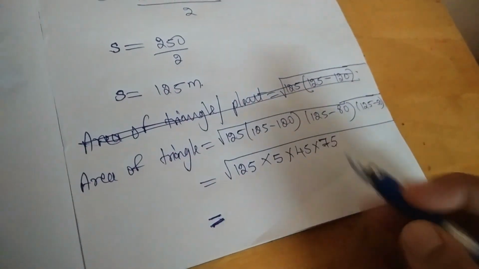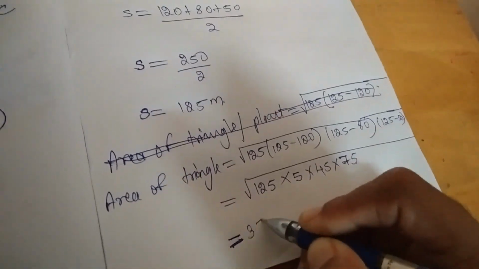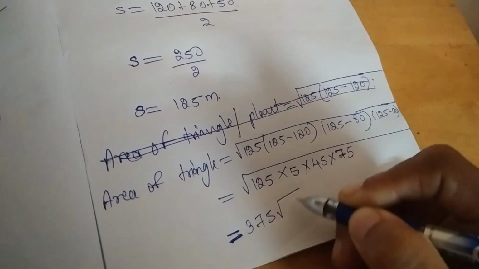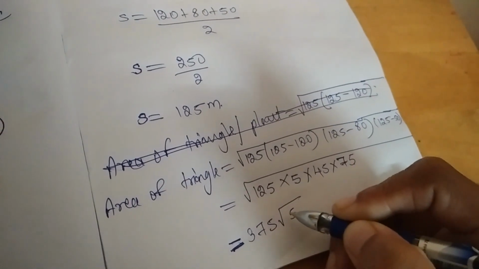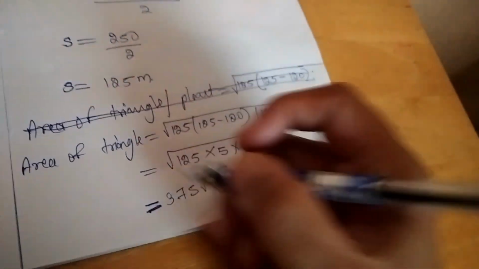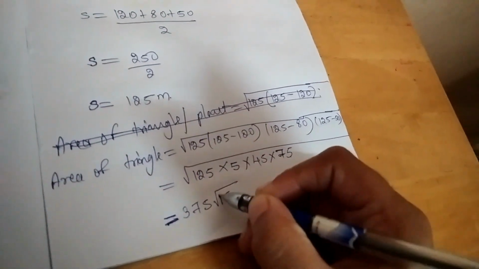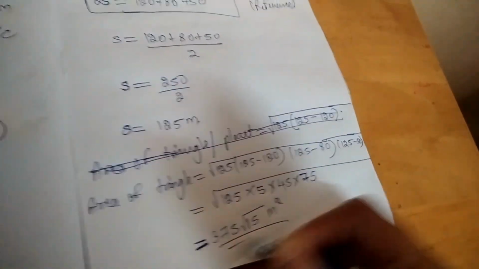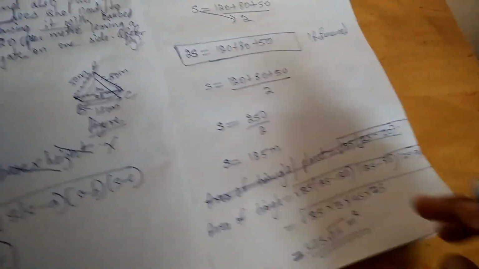Solving this, we get 375 into root 15 meter square. So this is the area of triangle, or the area of the plant.